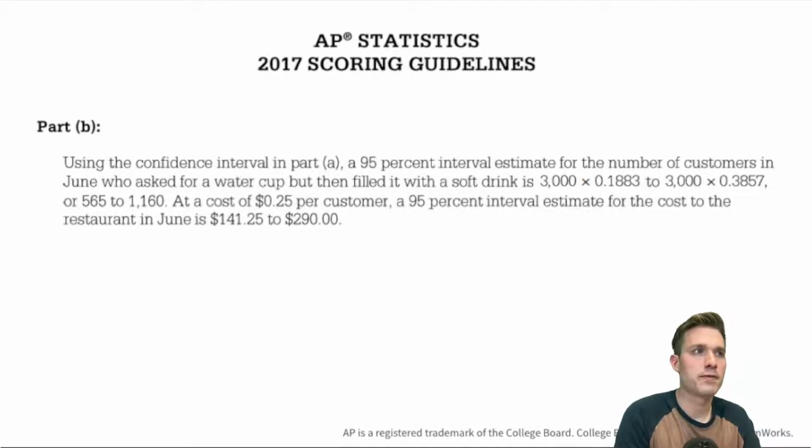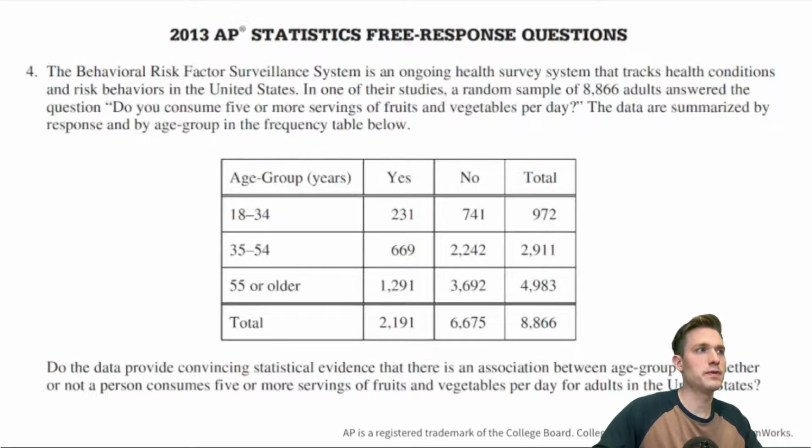On the scoring guide for this one, this does require supporting work, which is exactly what we did on our calculation screen. So we would want to show that work, multiplying those endpoints by 3,000 and by 25 cents.